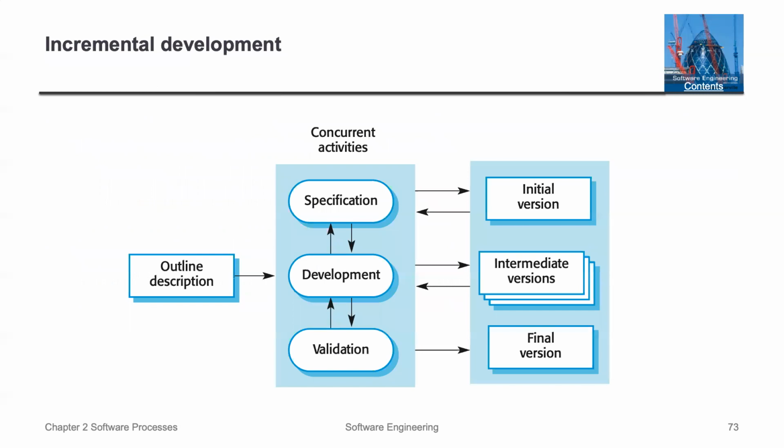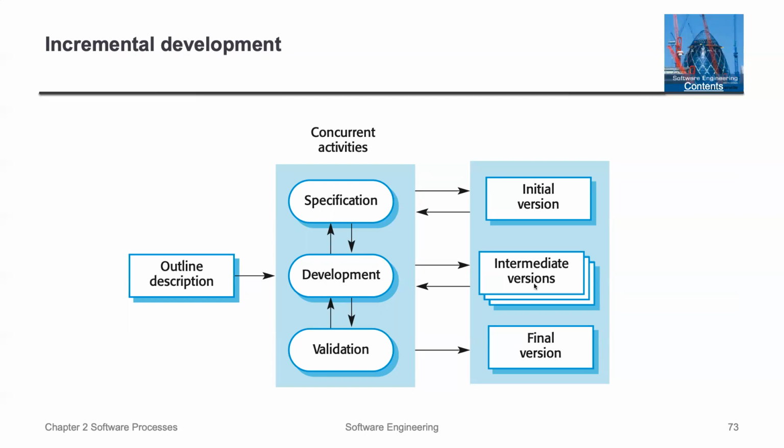So here's another way of considering how software can be developed. And this is using the incremental development approach. First you have an outline description, and then you have these various concurrent activities. You have specification, and you iterate back and forth with an initial version. You do some development, and some of that development may be reflecting back into revisions in the specifications.